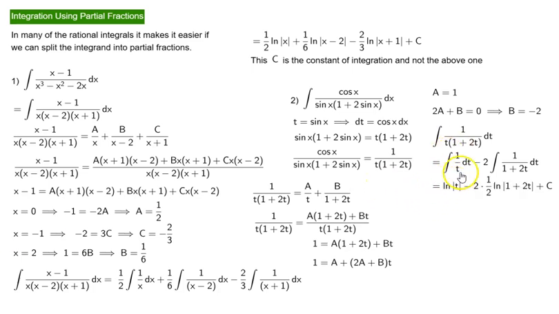The integral of 1 by t dt is natural log of t, minus 2 times this integral, which is 1 by 2 natural log of (1 plus 2t), plus C. That 2 and 2 cancel out. So we are left with natural log of t, which is actually sin x, minus natural log of (1 plus 2t), which is 1 plus 2 sin x, plus C. So the integral of this is this.